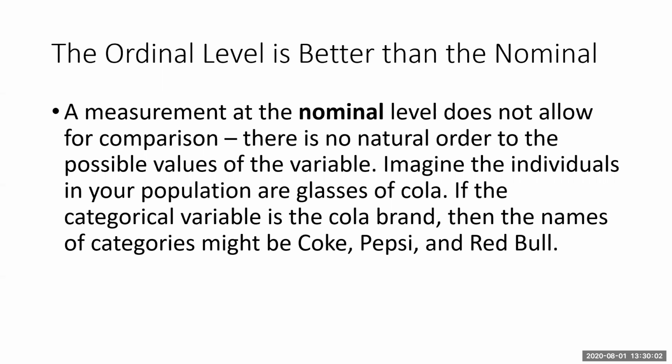So, if the individuals in your population are glasses of cola, and you're measuring this categorical variable, the brand of the cola, the names might be Coke, Pepsi, and Red Bull, but these don't come in any natural order. You might like one better than the other, but there's no A is greater than B built into the system of names.